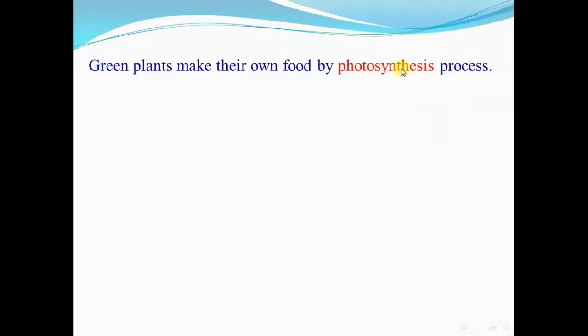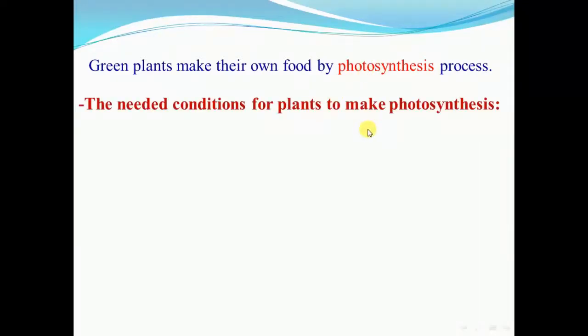During the photosynthesis process, the plants need some conditions. What do the plants need to make photosynthesis? Who can tell me? Yes, we studied this part before in primary 4.